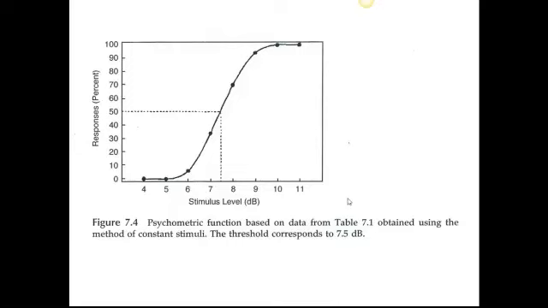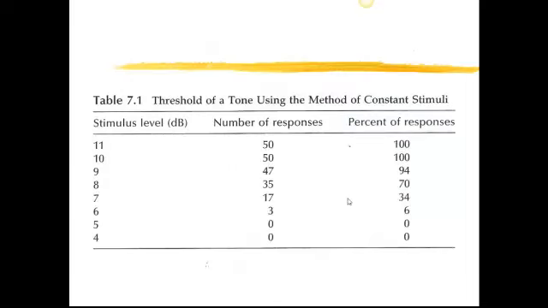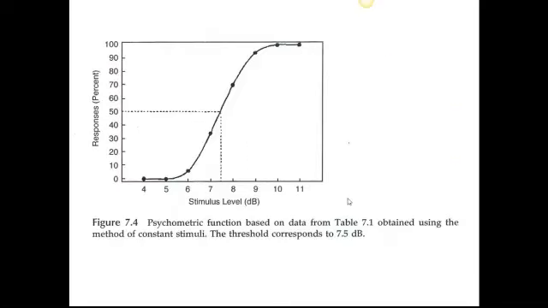Again, you have these stimulus levels. Remember they're right here: 4, 5, 6, 7, 8, 9, 10, 11. So they're along that x-axis now. And you've plotted how many responses, or the percent correct responses, on your graph.